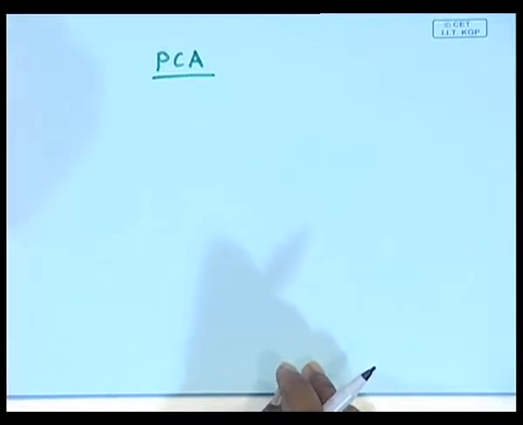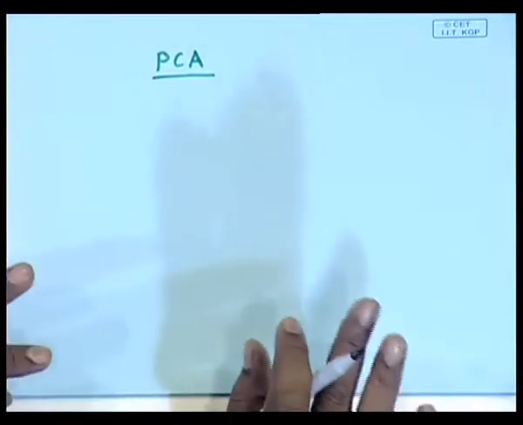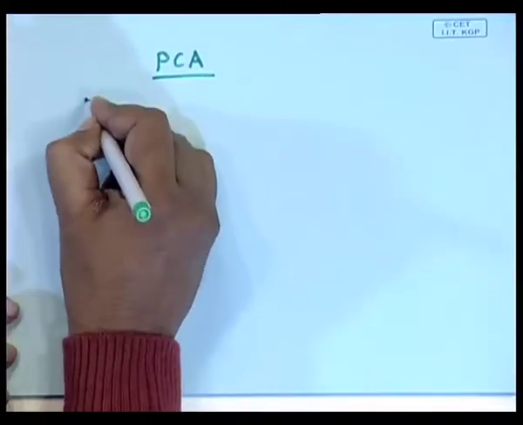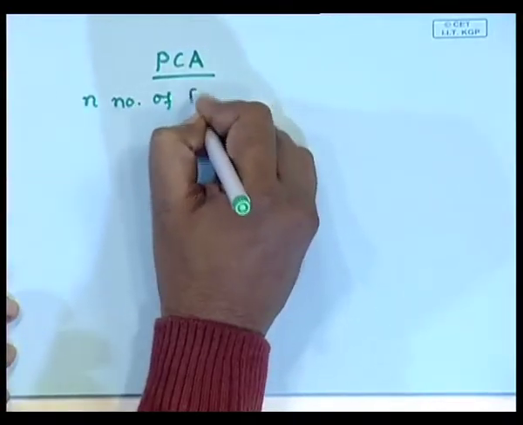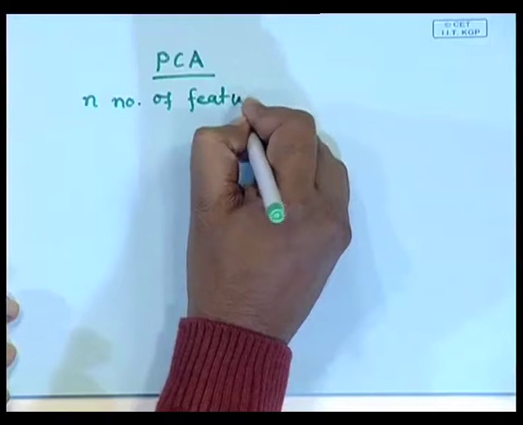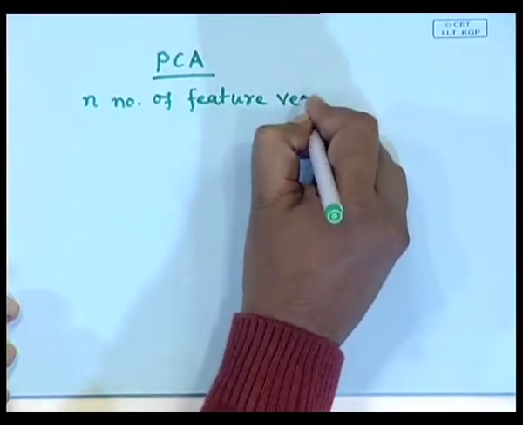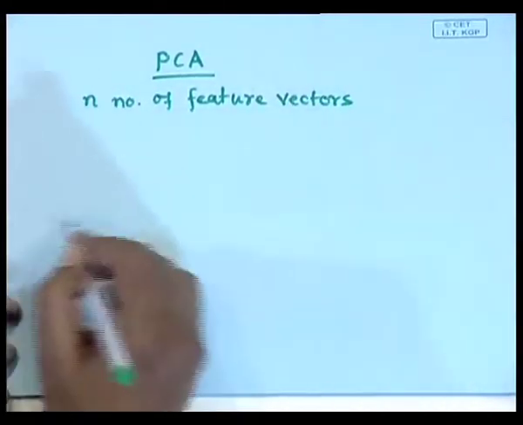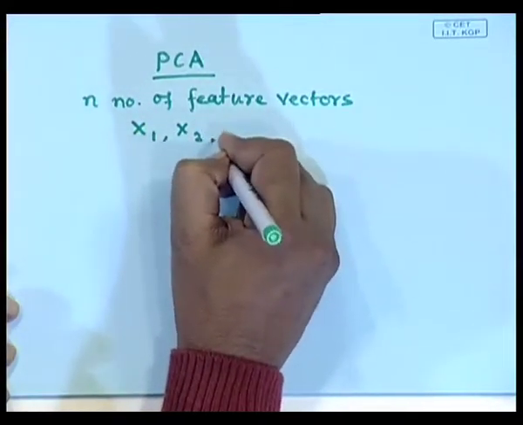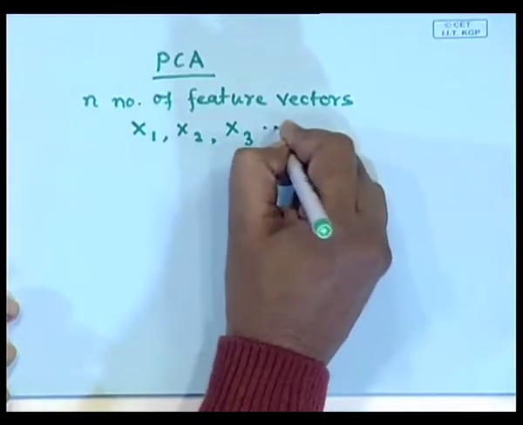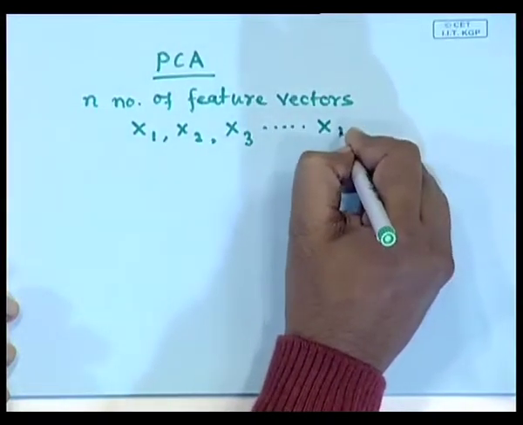Our problem is like this: we have been given n number of feature vectors. Every feature vector is of dimension d. The feature vectors are x 1, x 2, x 3 up to x n.